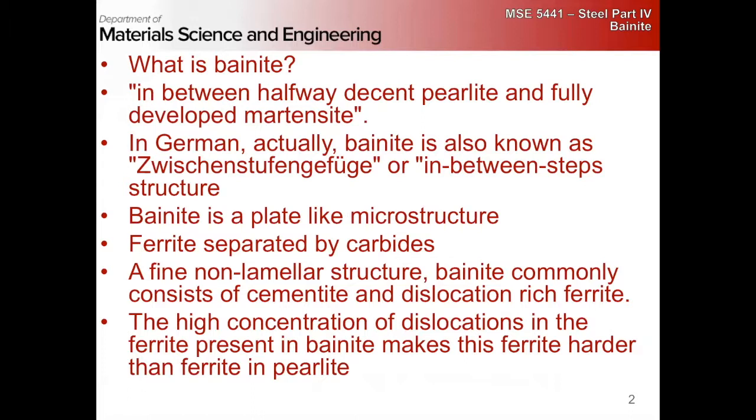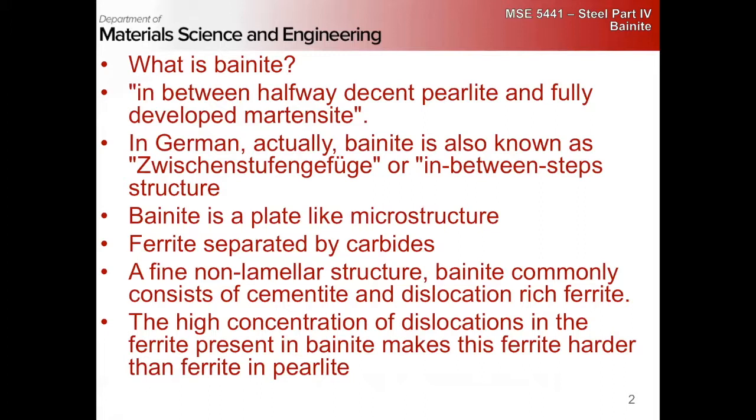So that means that other 11.8% shear has to be accommodated by dislocation plasticity, right? Something similar happens in martensite. So we have this very dislocation-rich ferrite structure, and the ferrite present in the bainite is much harder than ferrite present in pearlite, right? So we have a similar composite structure of cementite and ferrite, but here we've got this added distortion.